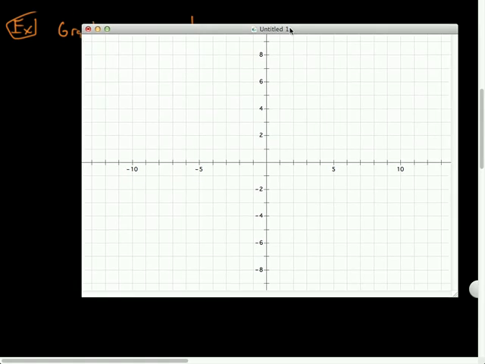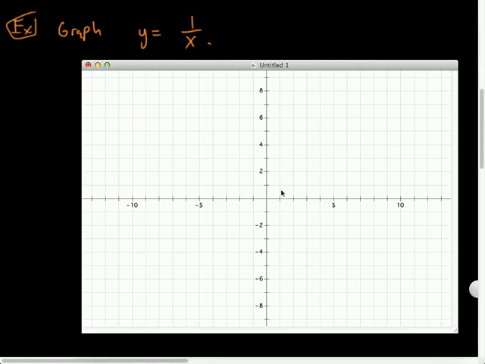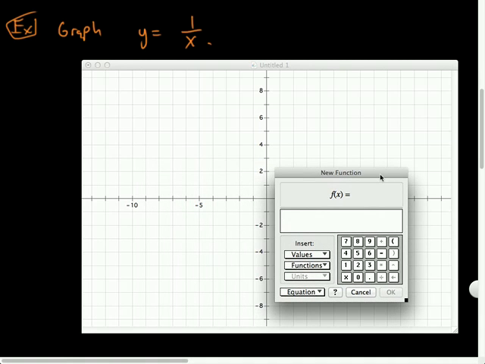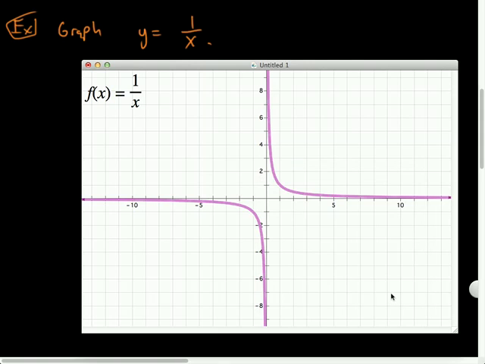Let me show you what's going on with this first. We're going to gain a skill set and talk about the general features and vocabulary, and then we'll actually graph for real some of these other ones, which will be nice.